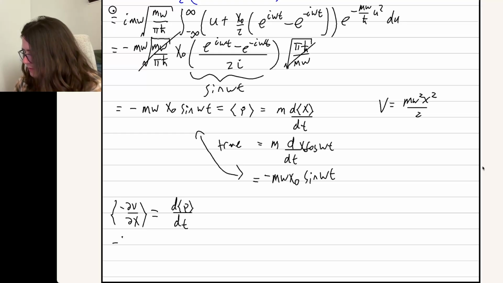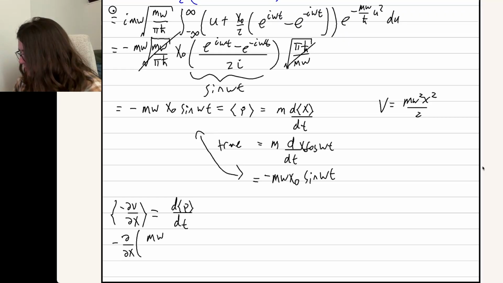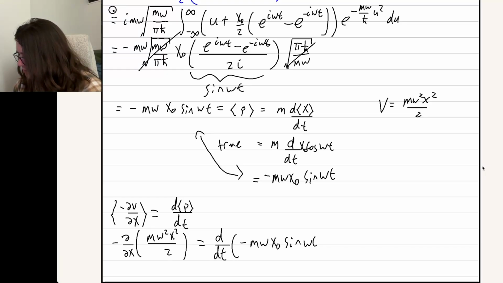So we have minus del x times m omega squared x squared over 2 equals d dt of minus m omega x naught sine omega t.